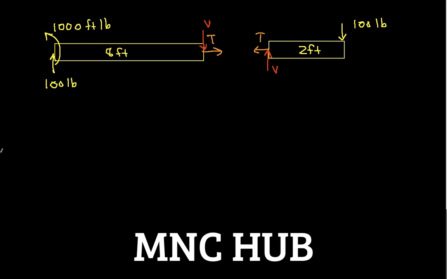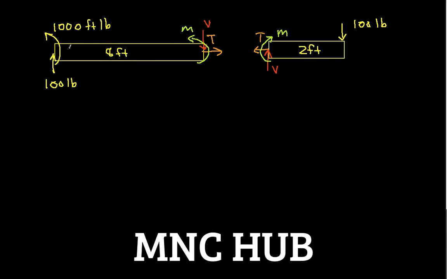And we have our moment, bending moment in this case, because it wants to cause the beam to bend. Okay, so let's go ahead and find, using first this free body diagram, T, V, and M.